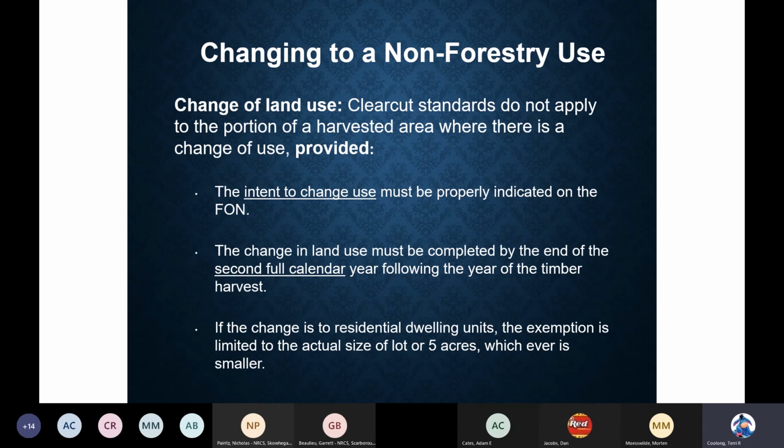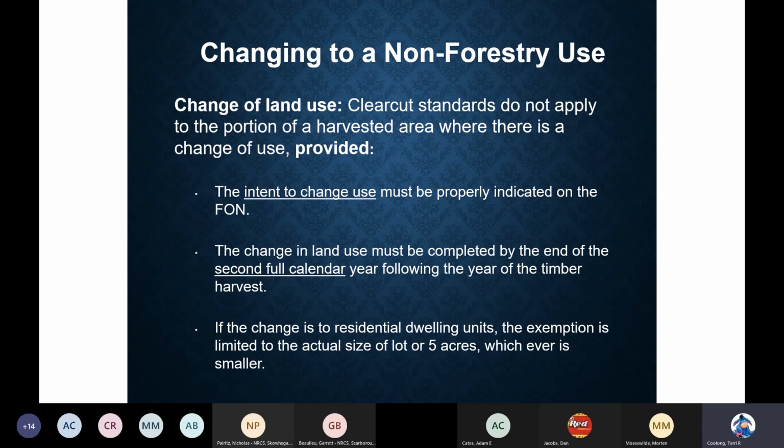It's the second full calendar year following the end of the year of the timber harvest. So if you finish in July of this year, the 2-year window will start January 1st of 2023. So you have to be really careful about completing that change of use in that time.